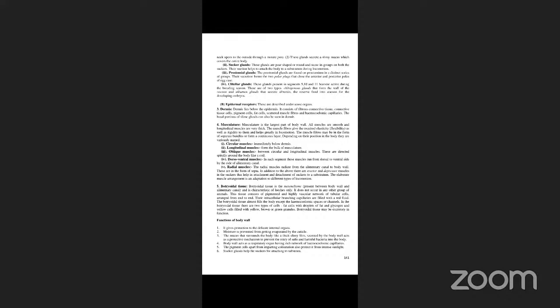The body wall acts as a respiratory organ with hemocoelomic capillaries. Here the pigment cells protect the organism from intense sunlight. Sucker glands help in attachment to the substrate. The clitellar and prostomial glands help in the formation of the cocoon and the closure of pores.